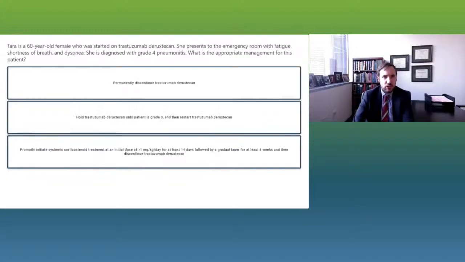Next, Tara, the 60-year-old woman, got same drug, trastuzumab deruxtecan, comes to ER, fatigue, short of breath. She has grade 4 pneumonitis. What's the most appropriate management for this patient?